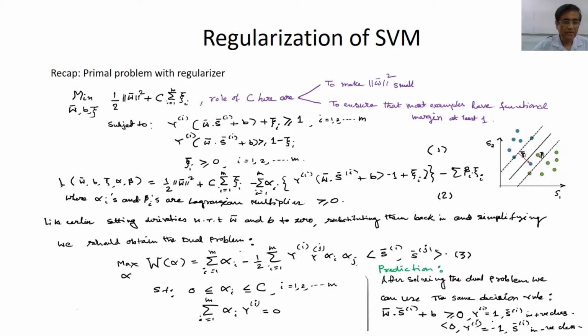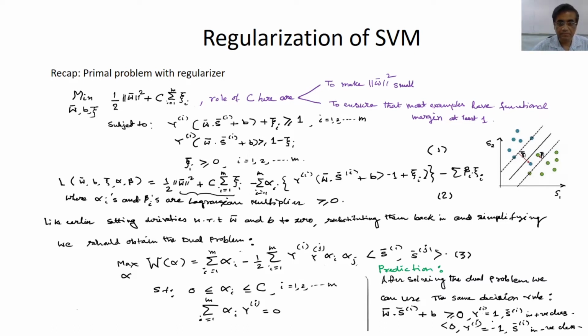And then we formulate the Lagrangian function. Now it is a function of W, b, zeta, alpha, beta. As many inequalities as there are, we will have to add that many Lagrangian multipliers. This is the rule of convex optimization, you know. So this is my new objective function.